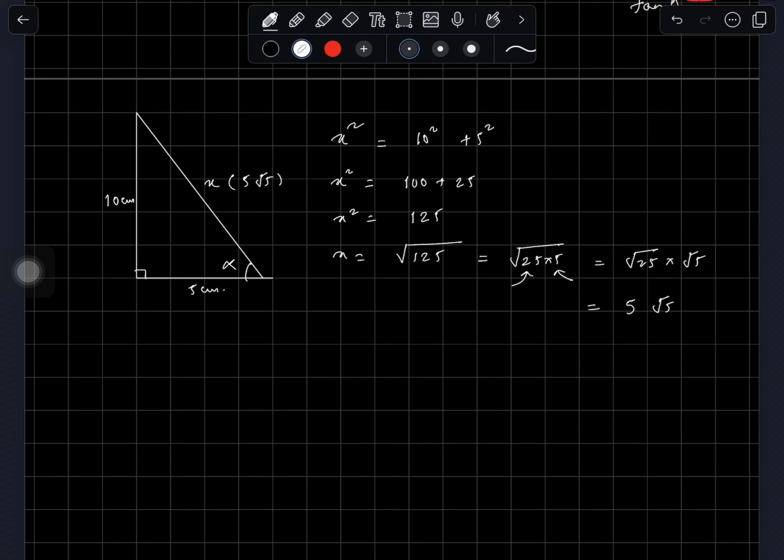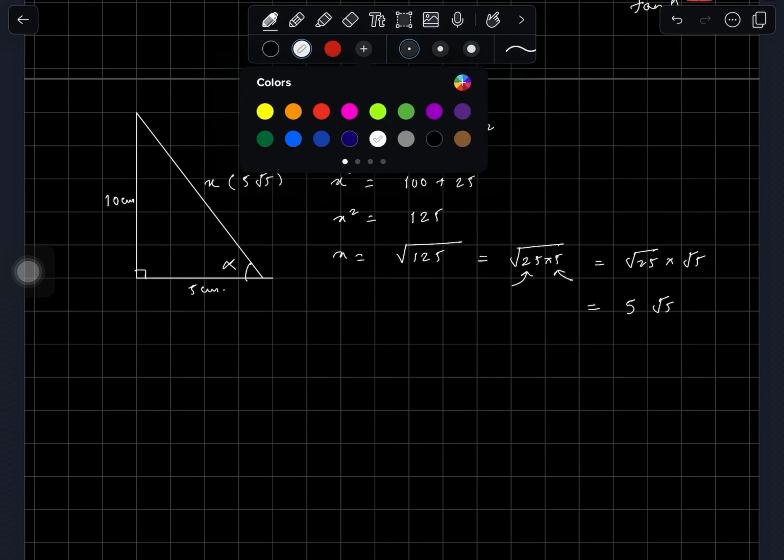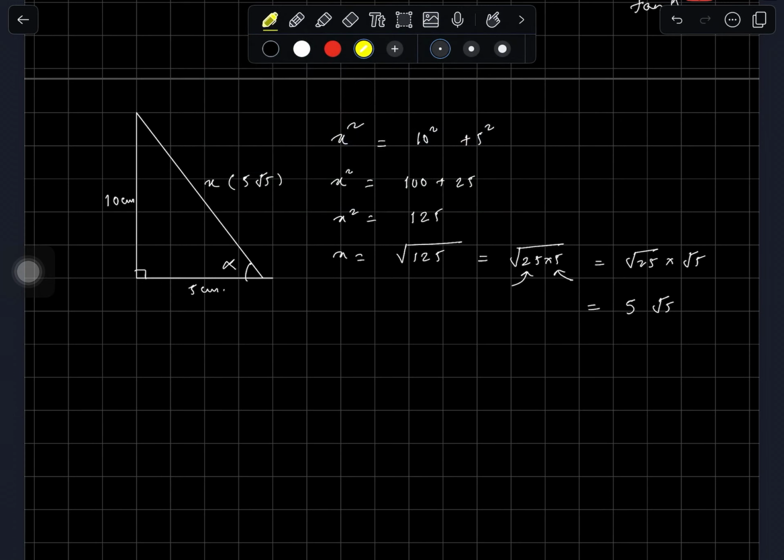Let us go ahead now and try to find the values of these angles. Not the values, I'm so sorry, the trigonometric ratios. Beginning with sine. Sine of alpha compares the opposite to the hypotenuse.